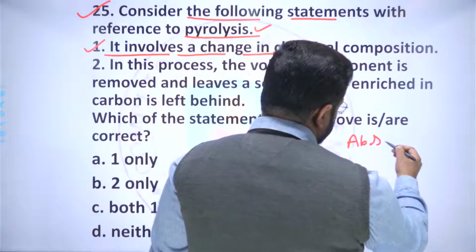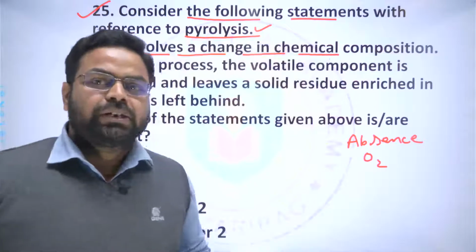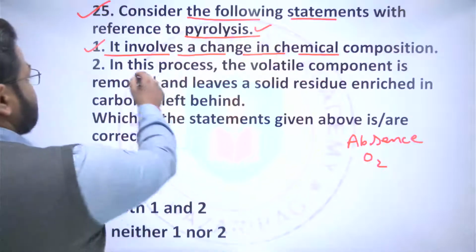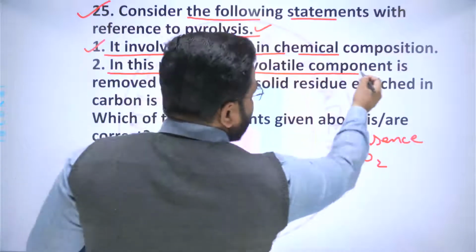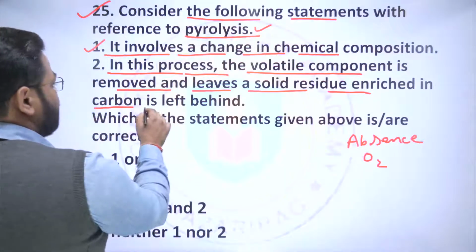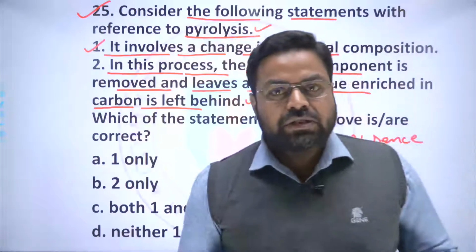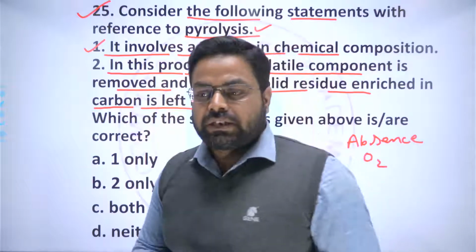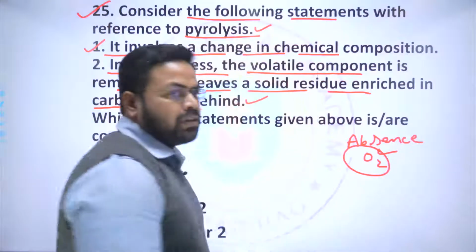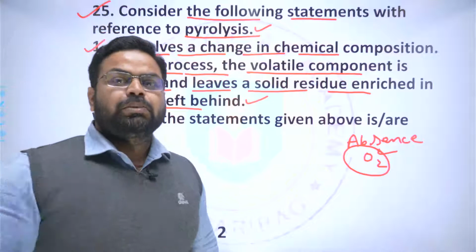the material, the waste, is heated to a very high temperature. The next statement says the volatile component is removed and leaves a solid residue enriched in carbon. Again it is a correct statement, because in the absence of oxygen, when the waste is heated to very high temperature, the carbon doesn't get oxidized, but the volatile gases or materials present in the waste get evaporated and removed.